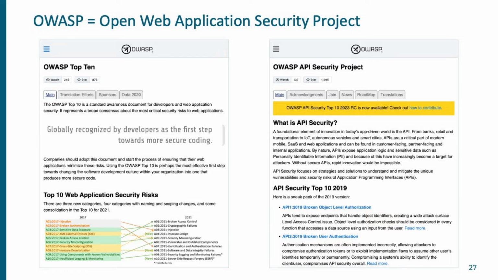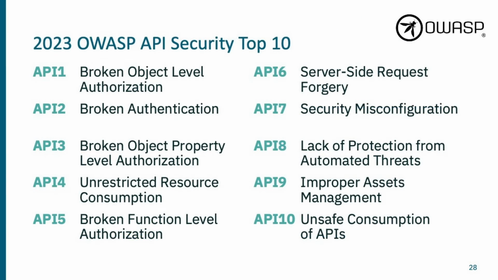Now, in 2023, a new edition of the OWASP API top 10 has been released, and that's what I'll talk about here in the coming slides. This is what the 2023 OWASP API top 10 looks like. There's some renaming, there's some merging of categories, and then there are some entirely new categories that have been added.